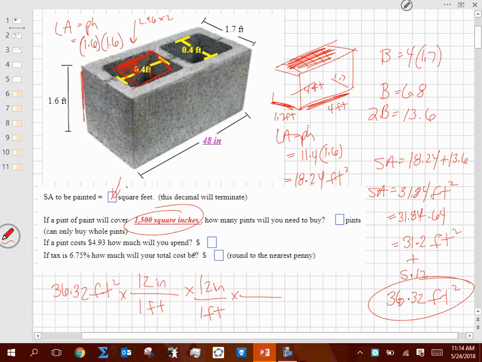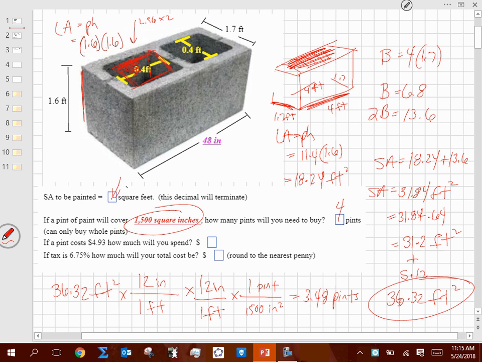And then everything would be in square inches, so then I'd have 1,500 inches squared for every 1 pint. So I multiply that out, should give me 3.48 pints.